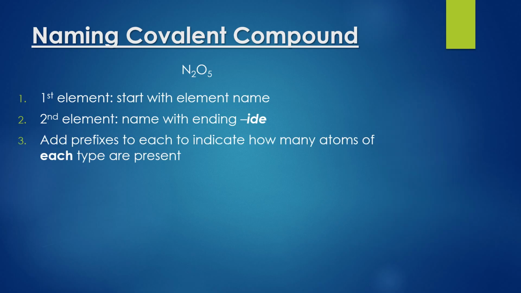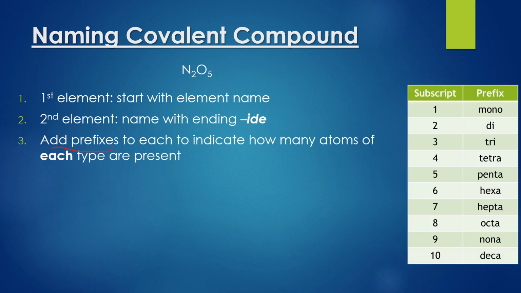Now the thing that is different with naming covalent compounds is this third and final step, prefixes. Since there are no charges with covalent compounds, prefixes are needed to indicate how many atoms of each type are present. So here are the prefixes that we'll use based off of the subscripts.